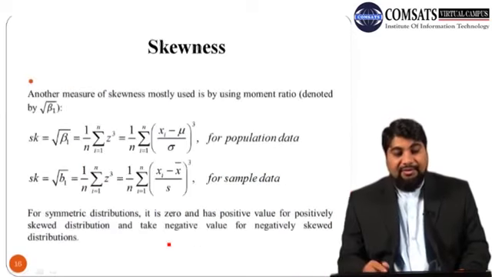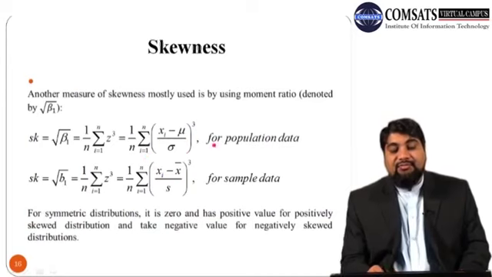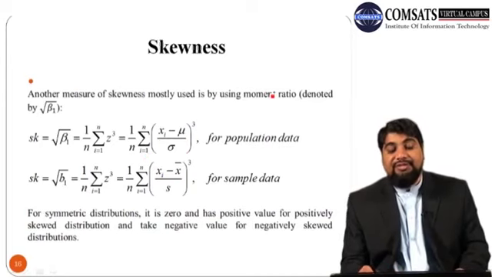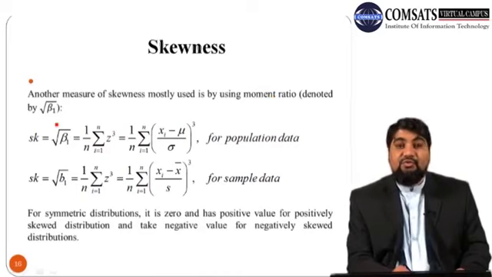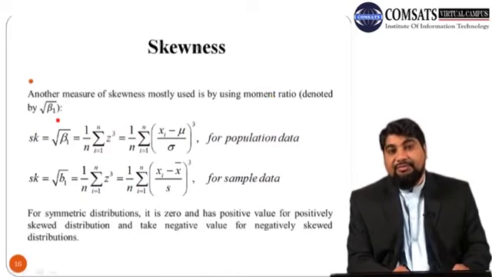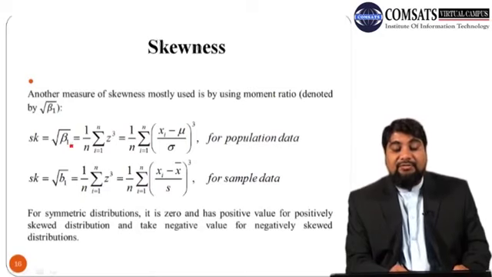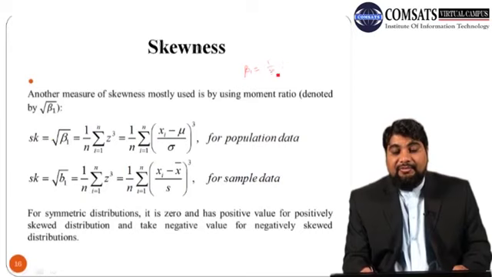Another measure of skewness, mostly used, is by using the moment ratios, denoted by square root of first moment ratio beta 1, square root of beta 1. Note that beta 1 was summation z cube whole square.